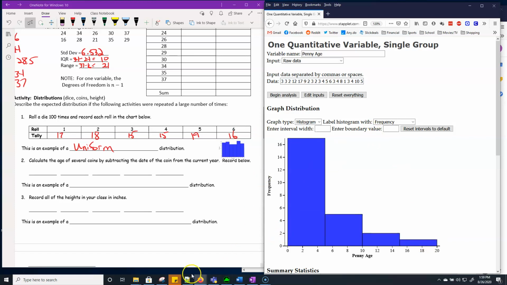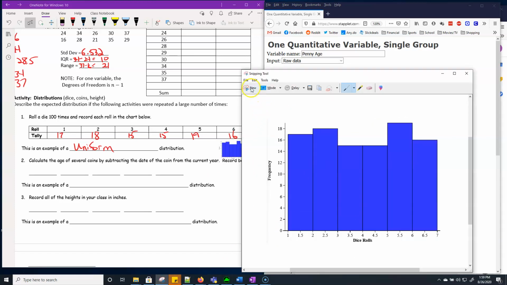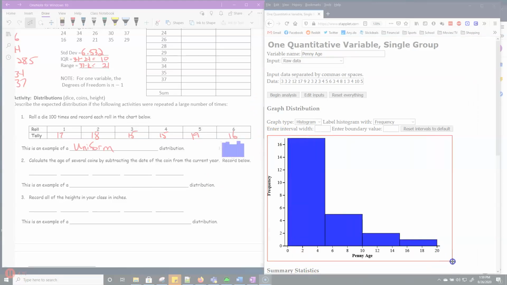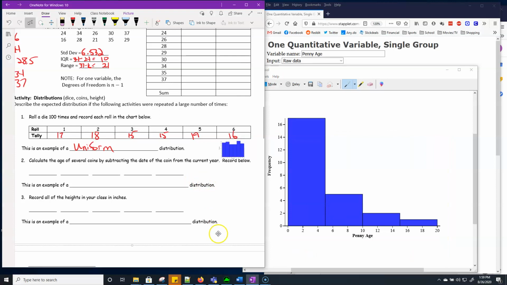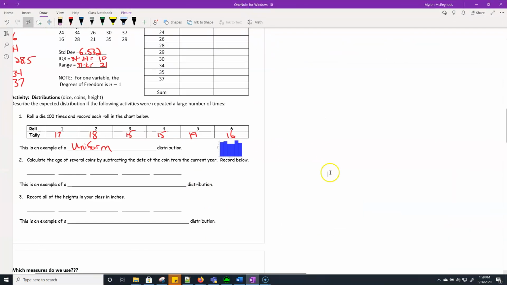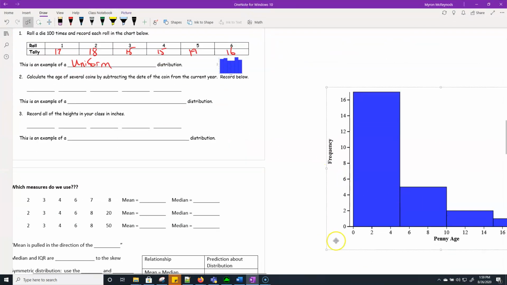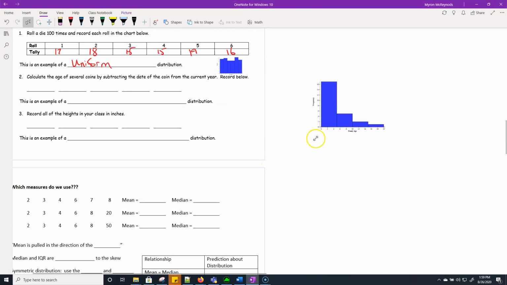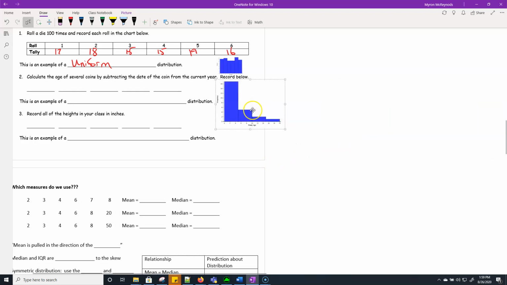So let's go ahead and copy this over. Frequency versus penny age. And paste it. And when you're looking at frequency versus penny age, what does this graph look like?